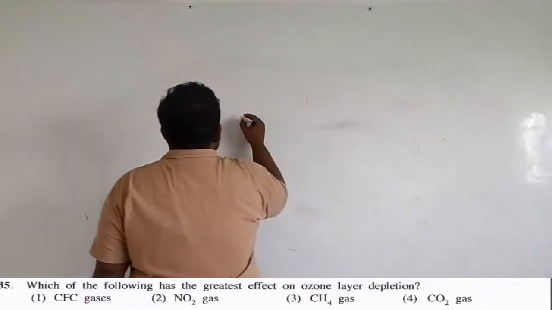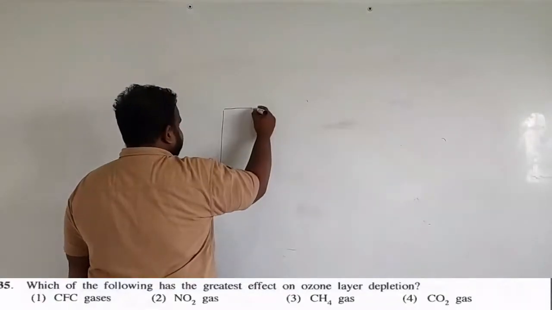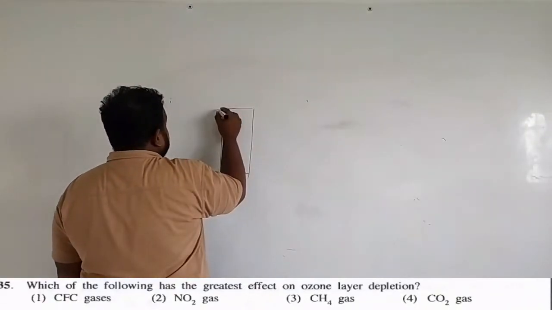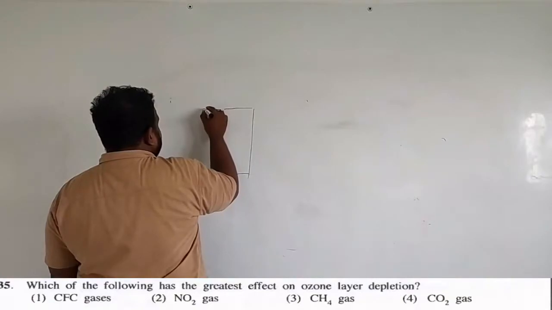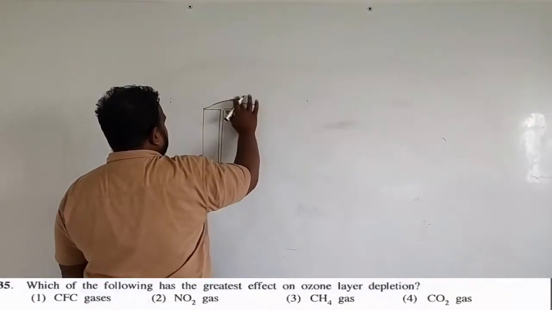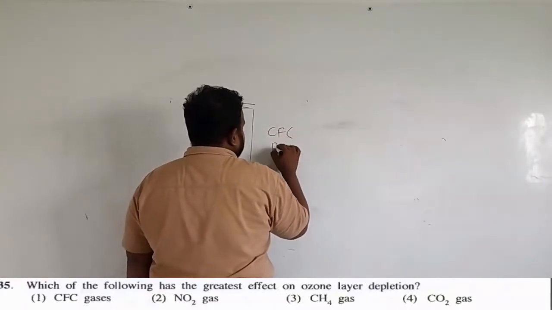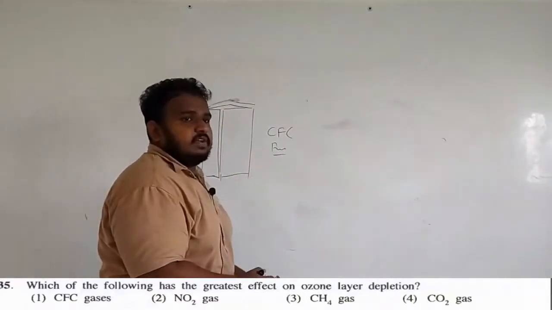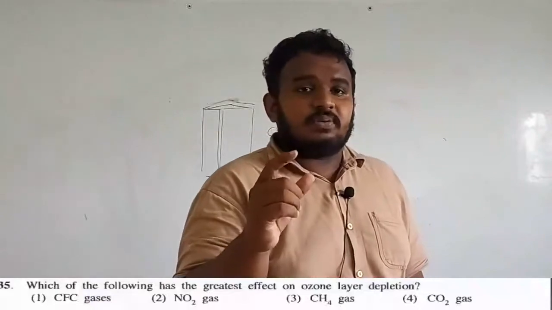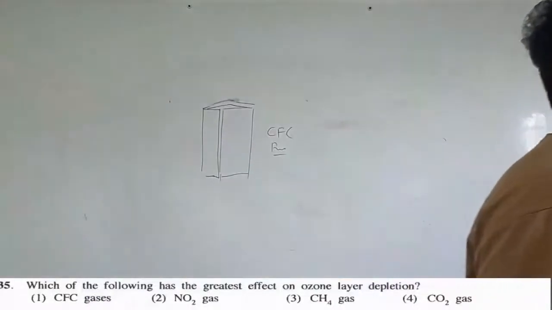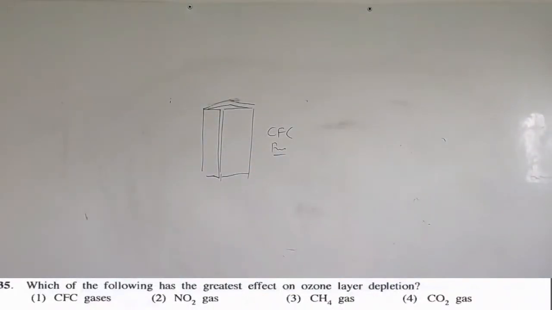CFC is released from refrigerators and air conditioners used in the old days but not now. If you look at a fridge now, it's marked CFC free, which means it's not harmful for the environment. So CFC is one of the main gases involved in ozone layer depletion. NO2 is responsible for acid rain, CH4 is global warming, CO2 also for global warming.